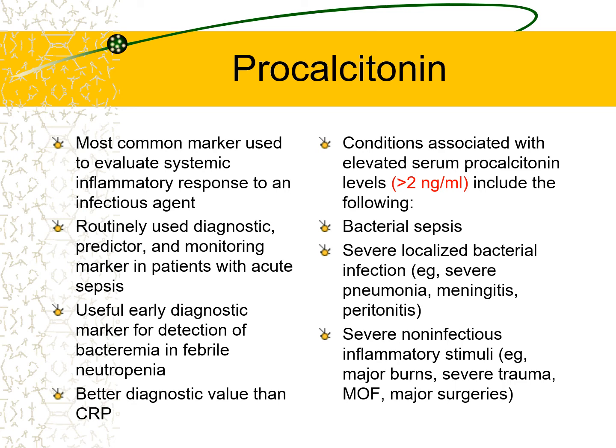Conditions associated with an elevated procalcitonin level, which is greater than 2 nanograms per ml, include the following: bacterial sepsis, severe localized bacterial infection, for example, pneumonia or meningitis or peritonitis, and severe non-infectious inflammatory stimuli, such as major burns, severe trauma, multiple organ failure, and major surgeries.